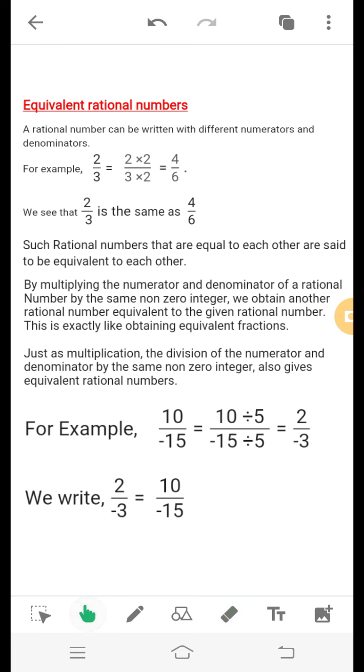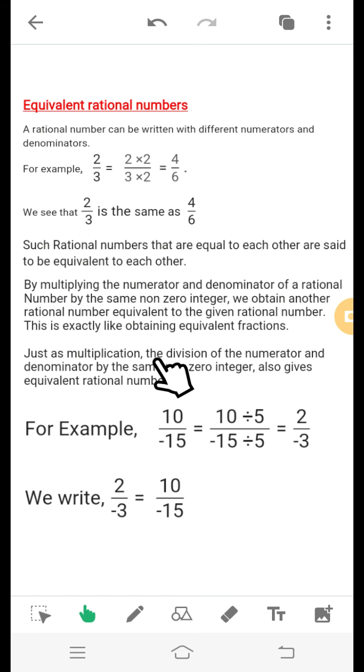Similarly, like multiplication, the division of the numerator and denominator by the same non-zero integer also gives equivalent rational numbers. For example, 10 divided by minus 15. Now I divide both numerator and denominator by 5.